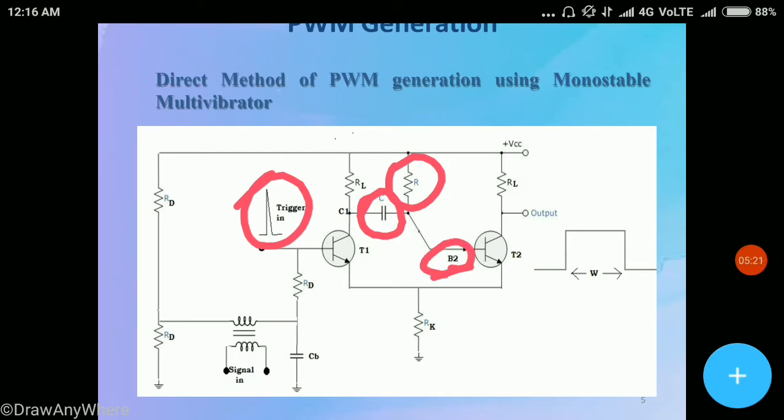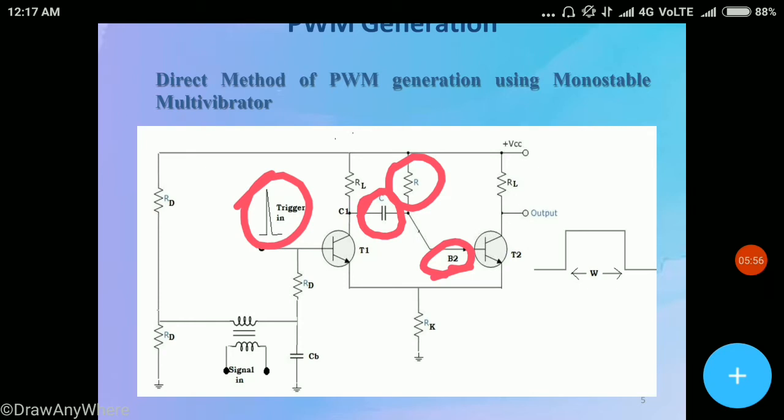T1 is simultaneously switched off by regenerative action and stays off until the arrival of the next trigger pulse. Whenever a trigger pulse again comes into the base 1 of T1, the previous things happen again.